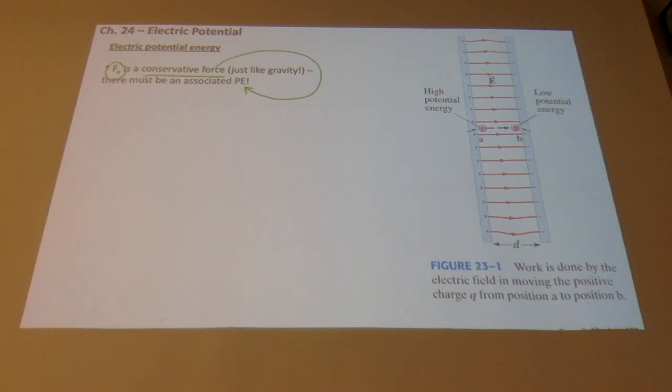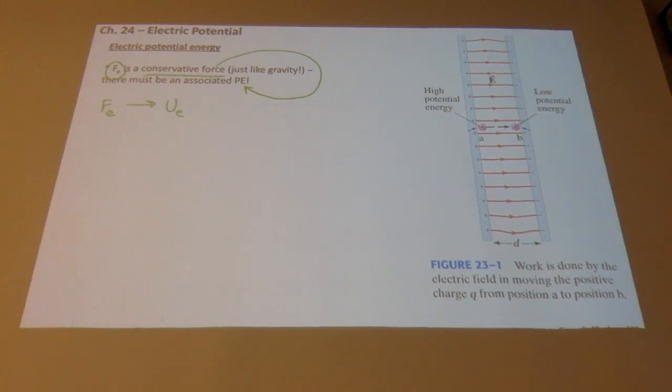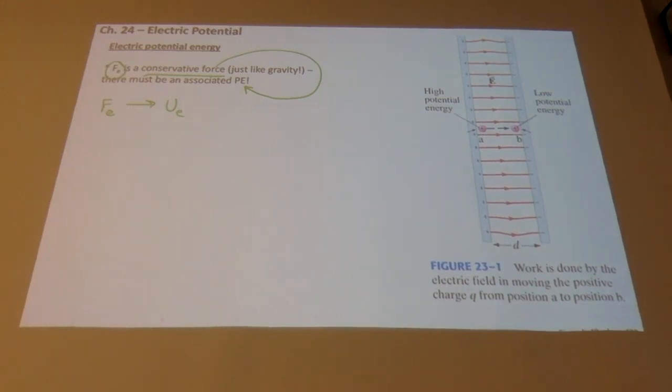So I have this force that is the electric force, and it's going to be connected to electric potential energy. And maybe you used U for potential energy, maybe you used PE, whatever, it's all kind of the same. The electric force is associated with the electric potential energy.